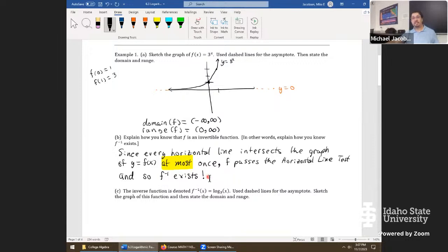Okay, now that we know the inverse exists, part C is telling us the inverse function is denoted this way. It's a logarithm to the base of 3, and we write it this way. Let's just put it in pen so it's more readable. f inverse of x, if you started with an exponential function to the base of 3, is going to be equal to log, to stand for logarithm.